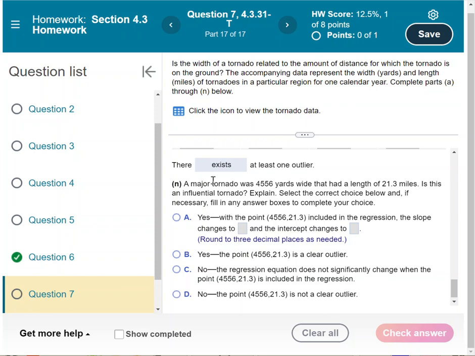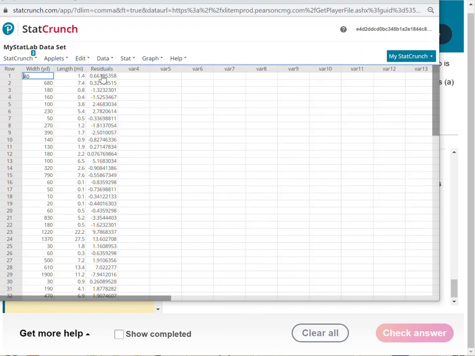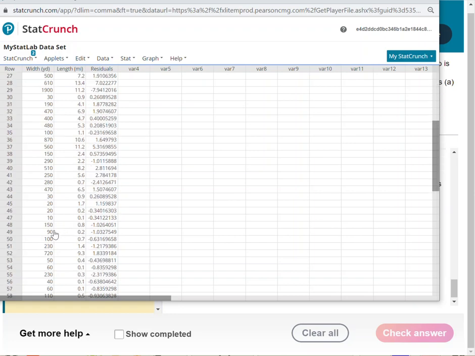So we're going to have to put that point in, so let me write it down. It's 4,556 and 21.3 miles, so let's go back here and put that point in.